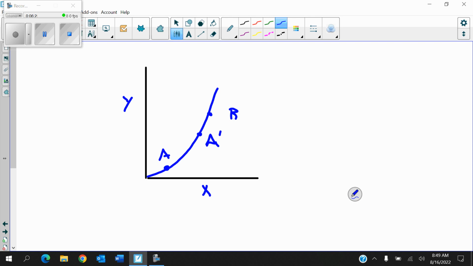Slope changes, right? Gets steeper. Move it even closer. Call that A double prime. Slope gets even steeper. The point is that the slope is changing. Changing slope. Okay?